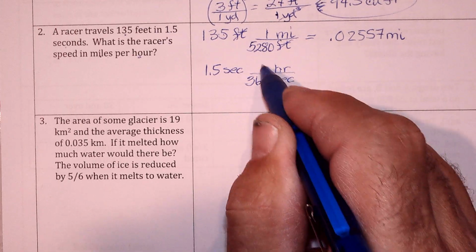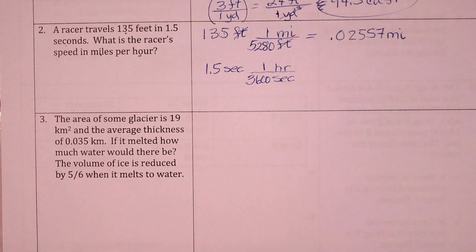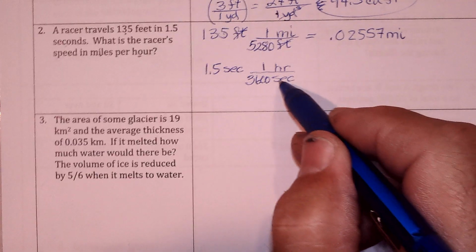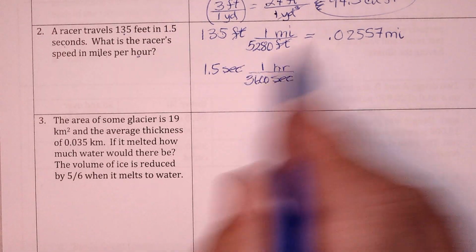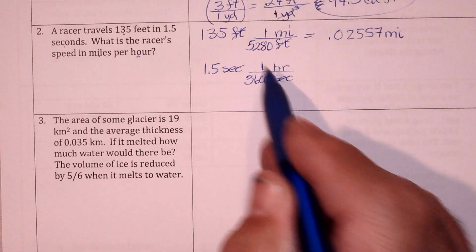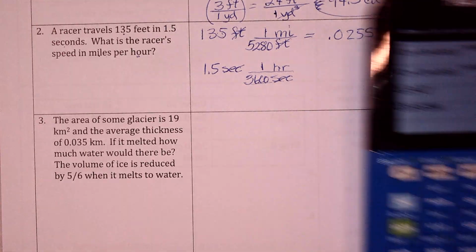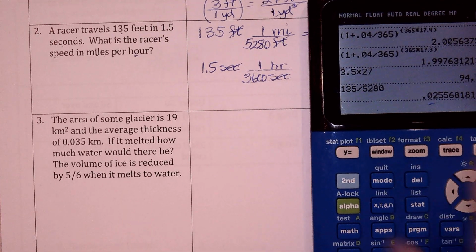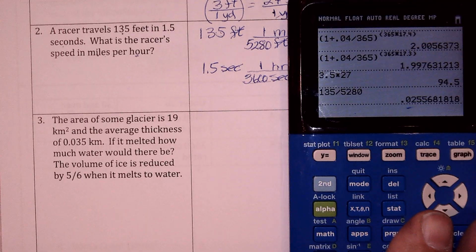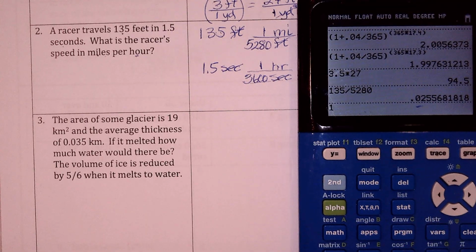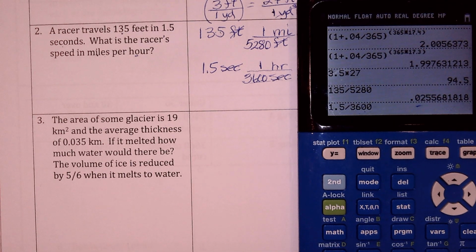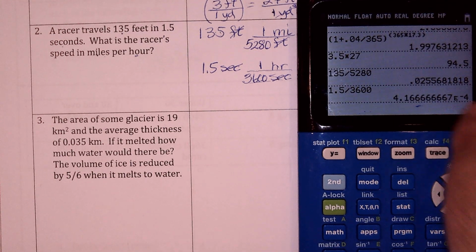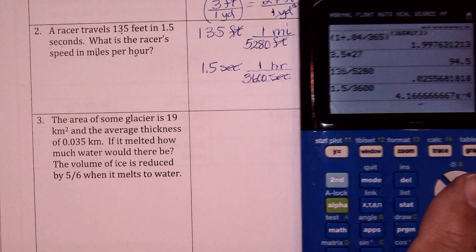That's how many seconds are in 1 hour. 60 seconds for every minute and 60 minutes to make an hour. So this cancels. So I got to take 1.5 times 1 divided by this. It's going to be a tiny number. So 1.5 divided by 3600. And it's even got this e minus 4.